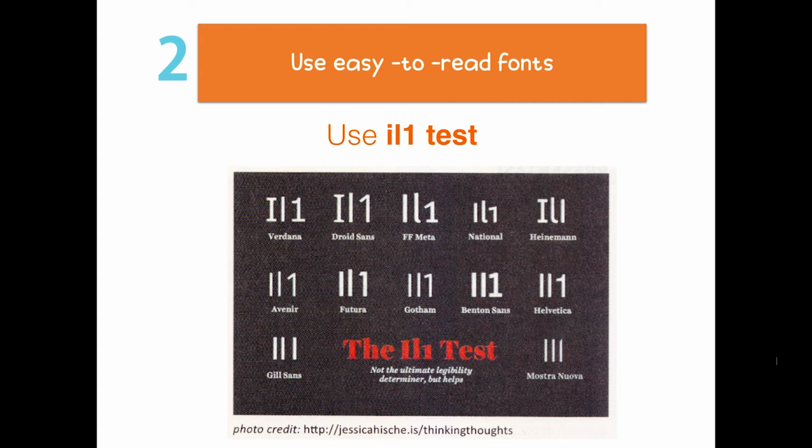With this test, the level of text legibility can be measured. The trick is to look at the shape of the letters I lowercase, L lowercase, and number 1. If the shapes of the 3 characters can be clearly distinguished, then the legibility is high, so you can use these fonts for your presentation slides.